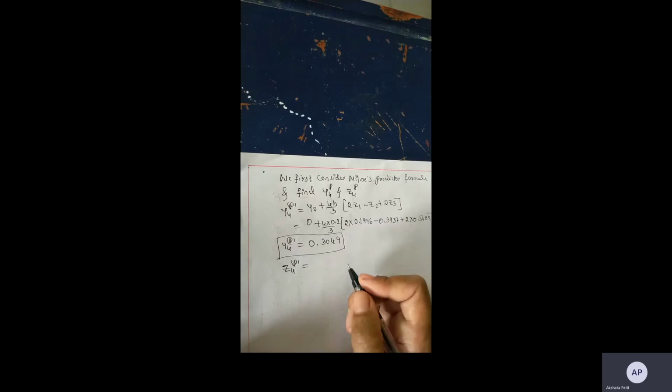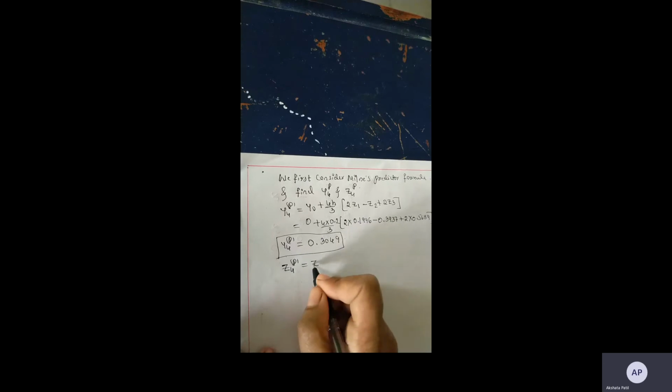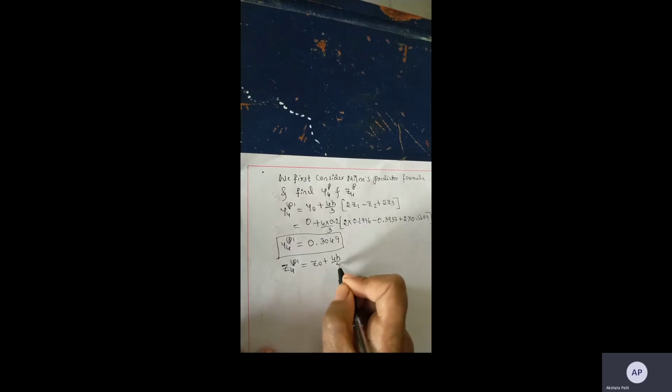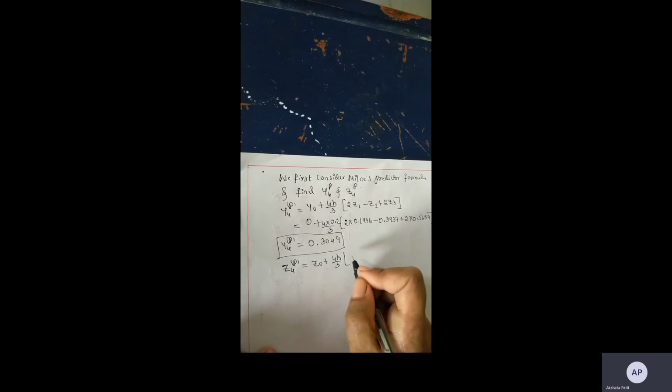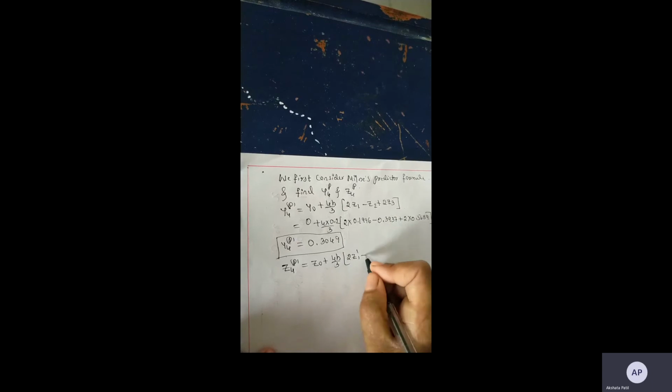Okay, now let us consider z4 of predictor formulae. Z4 of predictor equals z0 plus 4h by 3 into 2z1 dash minus z2 dash plus 2z3 dash. So this is the formula to calculate z4 of predictor value. Let us substitute the values once again by using this table: z1 dash, z2 dash, z3 dash.